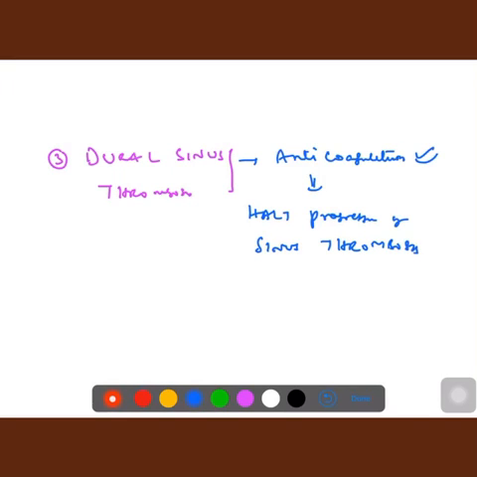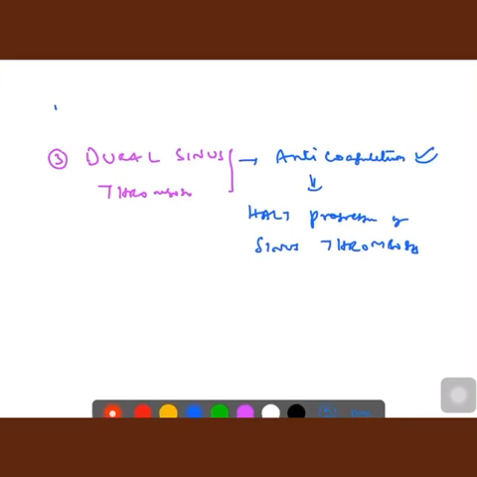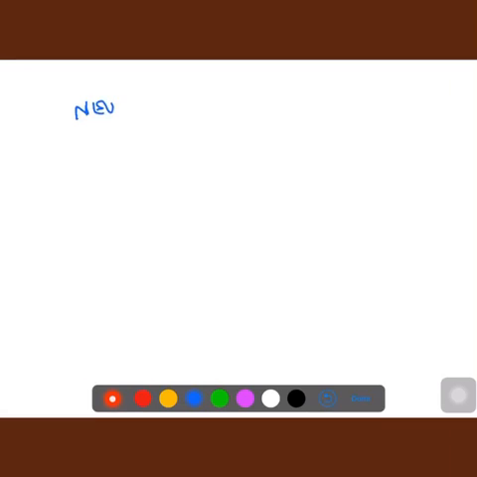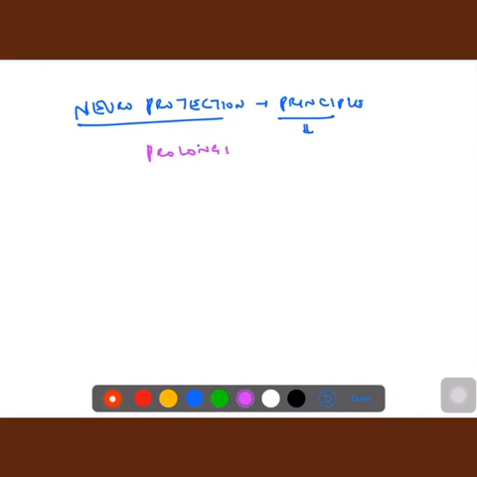Then coming to neuroprotection. The principle of neuroprotection is to prolong the brain tolerance for ischemia. If brain tolerance to ischemia is prolonged, then the brain will survive longer in the ischemic environment.